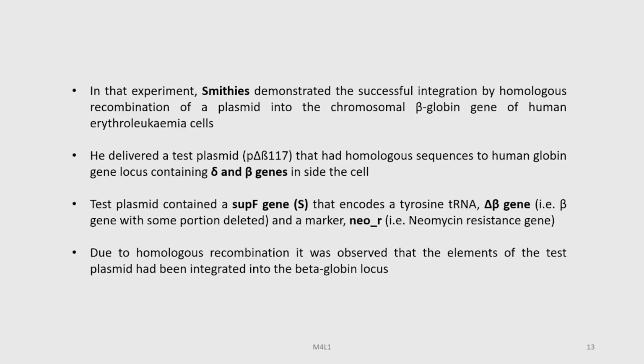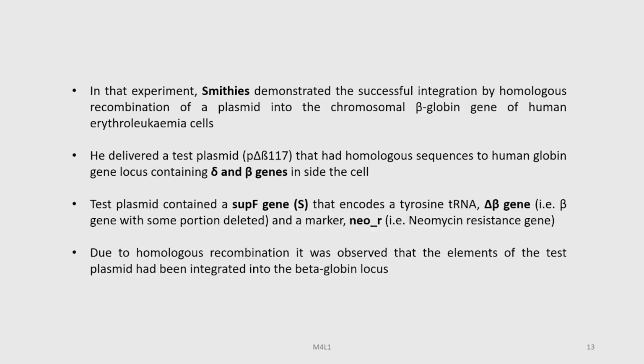In this experiment, he demonstrated the successful integration by homologous recombination of a plasmid into the chromosomal beta globin gene of a human erythroleukemia cell. He delivered a test plasmid that had homologous sequences to the human globin gene locus, containing delta and beta genes, inside the cell.